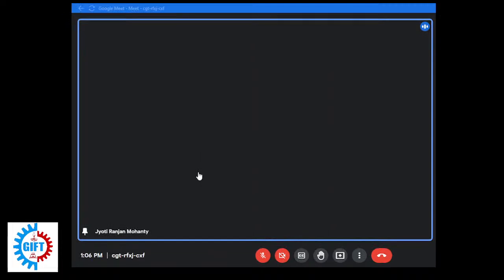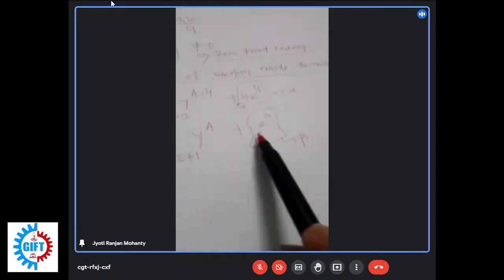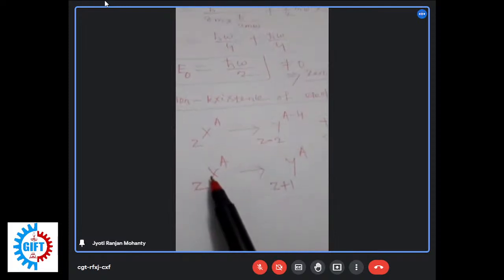If the electron is not present inside the nucleus, how will the electron come out from the nucleus? So in beta decay, people thought that this electron is present inside this parent nucleus.